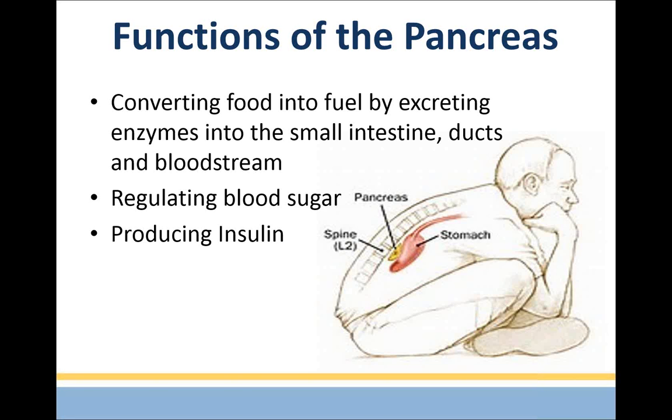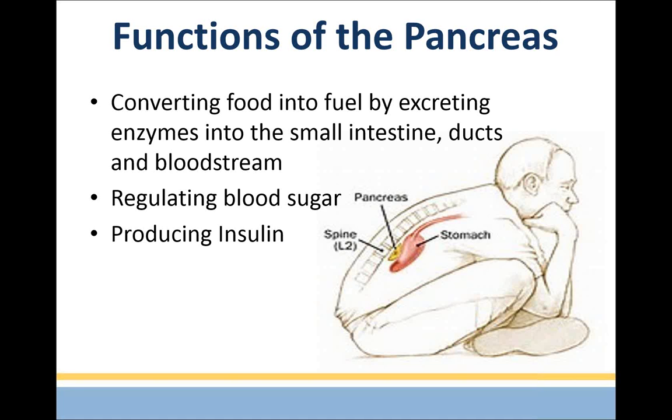There are two main types of glands, and the pancreas is special in this way because it's both. Exocrine, meaning secreting substances out into cavities or surfaces in the body, which the pancreas does by sending enzymes through a series of ducts out into the small intestine in order to digest food. And it's also endocrine, meaning inside the blood.